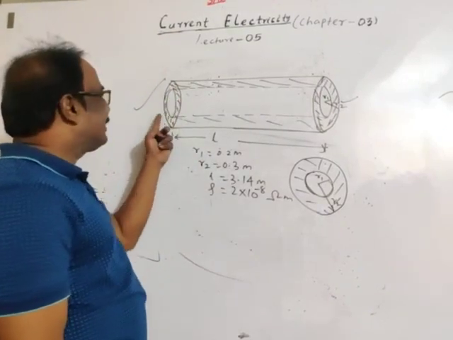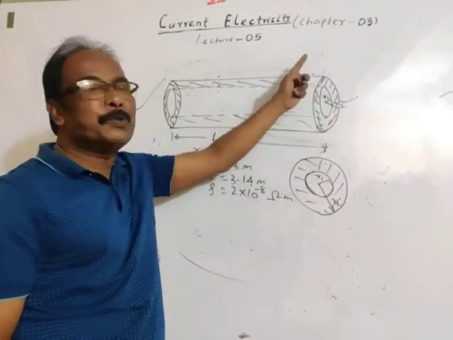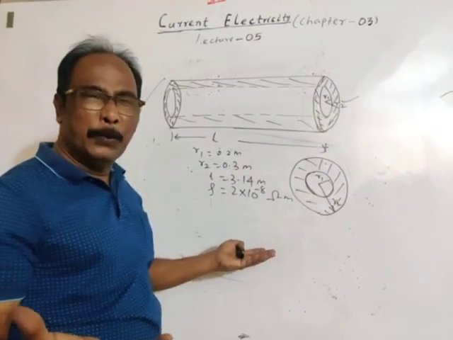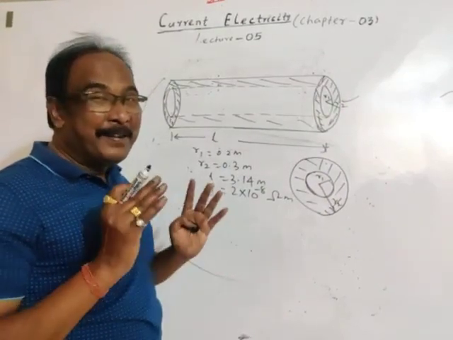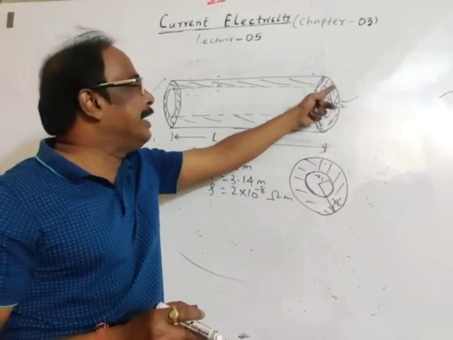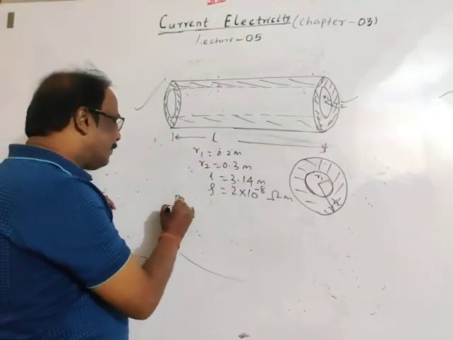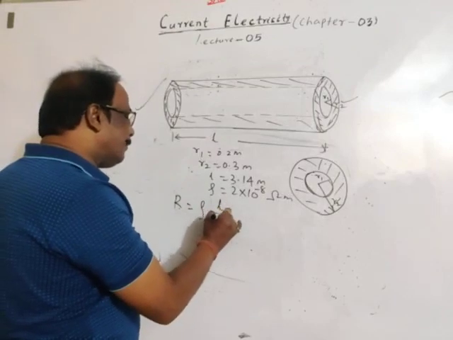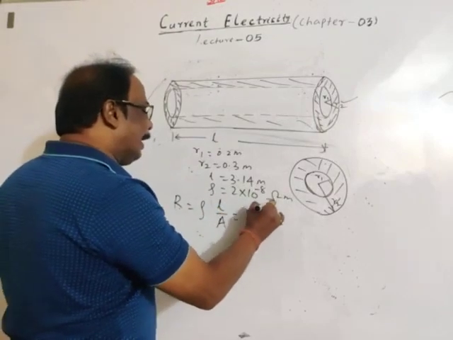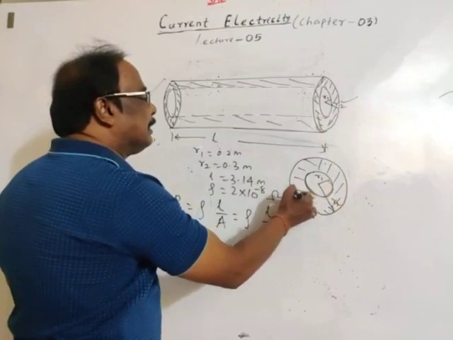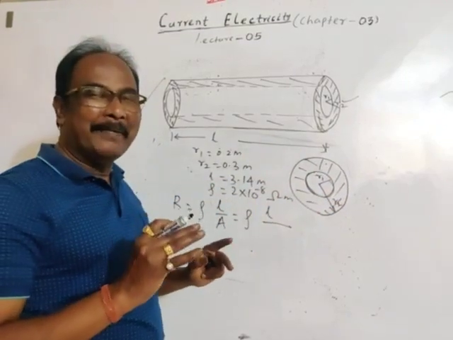This is the area of cross section, this is also the area of cross section, but this is hollow. We have to take the area of the solid part only. Then I am writing the formula. Resistance is rho L by A. So what is the resulting area?